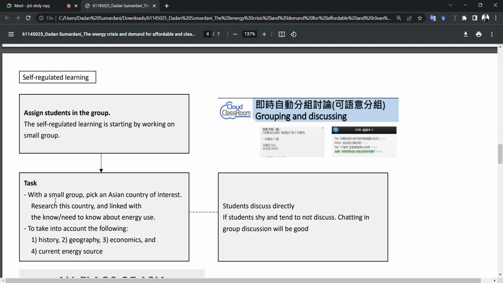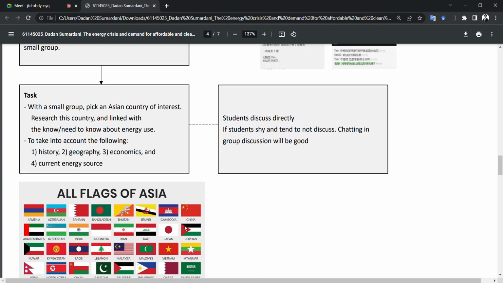With a small group, they need to pick an Asian country of interest, researching this country and linking with what they know and need to know about the energy use, taking into account history, geography, economy, and current energy sources. Students need to discuss directly, face to face, with other students. If a student is shy and tends not to discuss, maybe chatting in CCR will be better in this case.